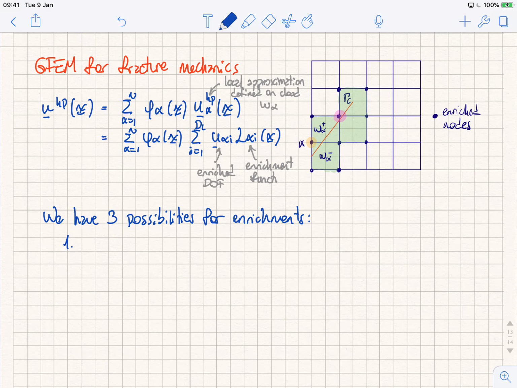We have to deal with the smooth part of the approximation. Remember that we did the same thing when we were looking at the weak discontinuities. So there is a smooth part and a non-smooth part. So we still have to deal with the smooth part.